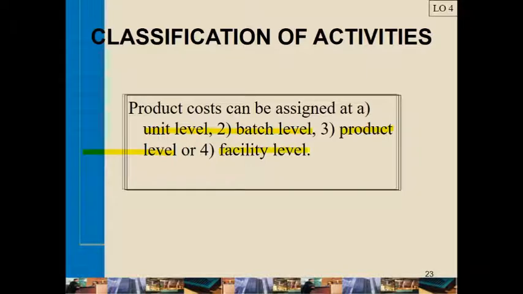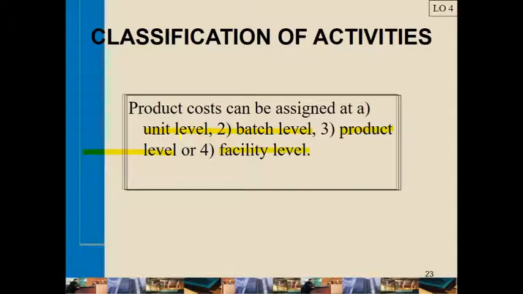Now if you notice, of these 4 levels, your first 3, which are your unit level, batch level, and product level, all contain product-related activities. Meaning, in these 3 levels, it is possible to measure the demands placed on the activities by the individual products.